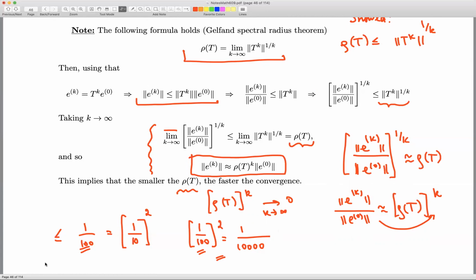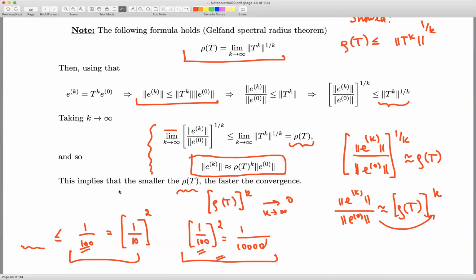It could be closer than this, but the estimate from above that we are getting does not assure that. The estimate from above that we're getting in the case when rho of t is much smaller than 1 would be better.